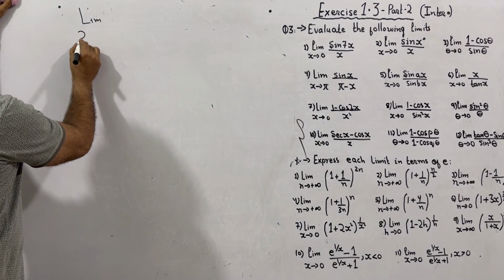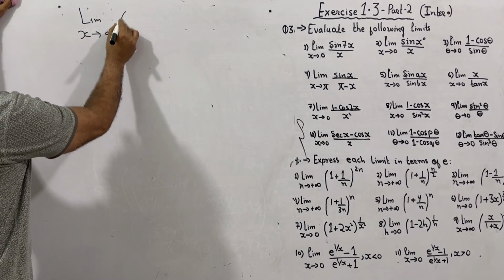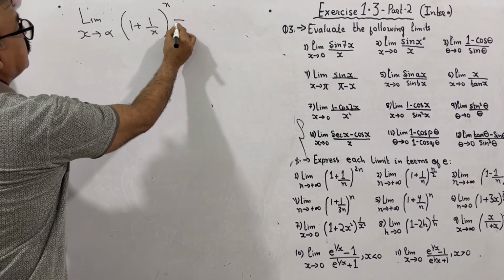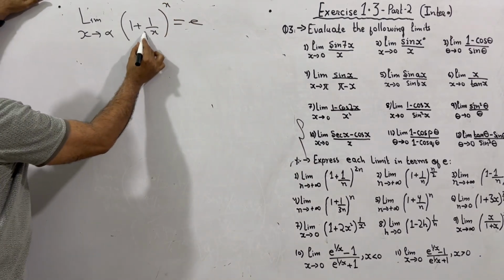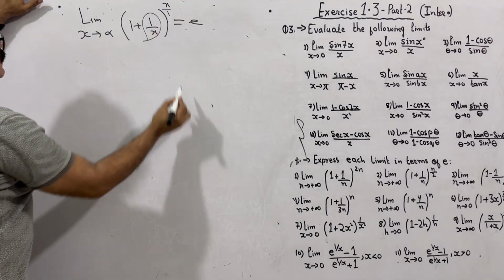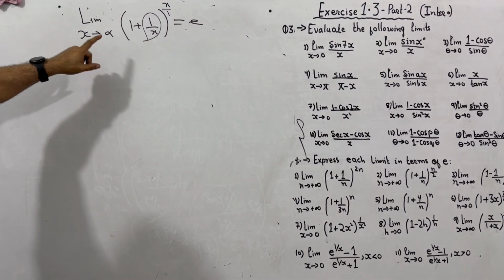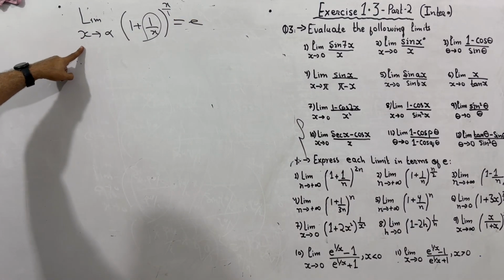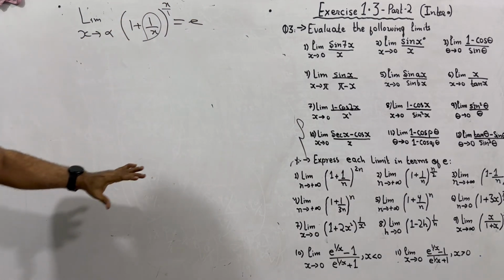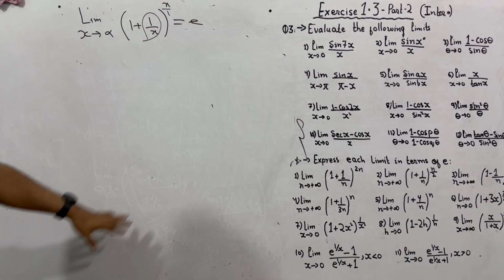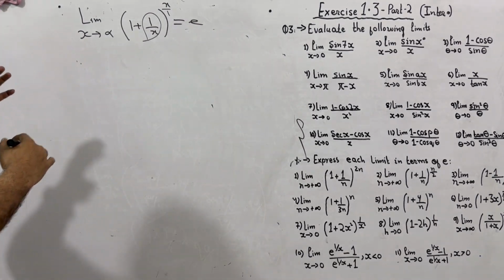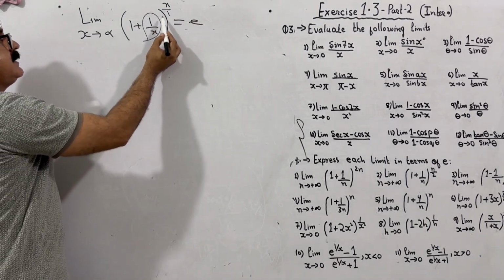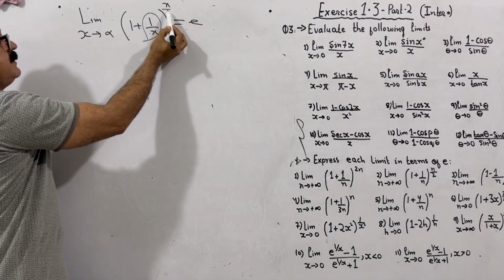Limit x tends to infinity, 1 plus 1 over x raised to x is equal to e. Look at this: there is 1 over x, and the power is the reciprocal of this one. In case of an infinity limit, the overall power is a variable; it is 100% the formula of e, along with some deficiency that you have to compensate. Keep in mind that there is 1 over x, so there must be the reciprocal, x over 1.